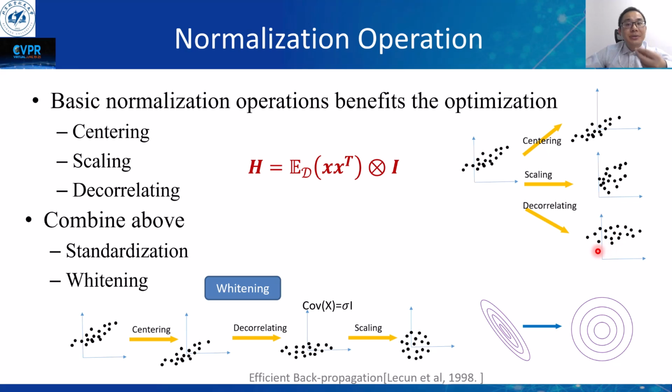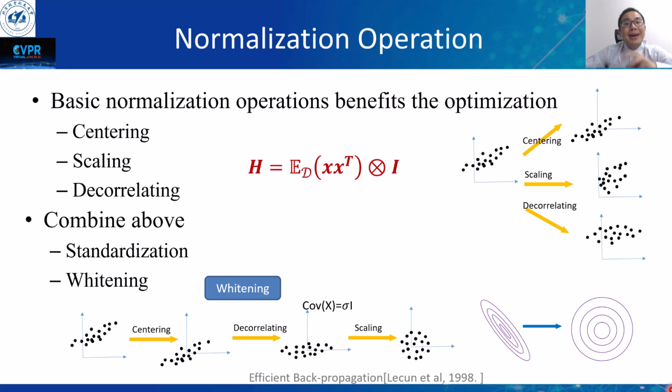Decorrelating decouples the input dimensions and ensures each dimension has an independent contribution to the loss. Besides, we can also combine these operations. For example, we can use standardization, which not only centers the input, but also scales each dimension such that the variance of each dimension is one.